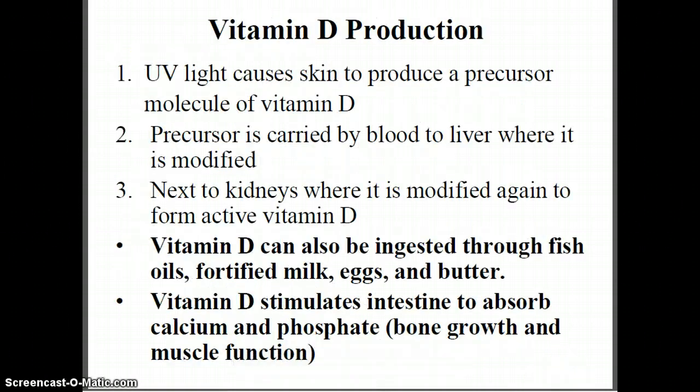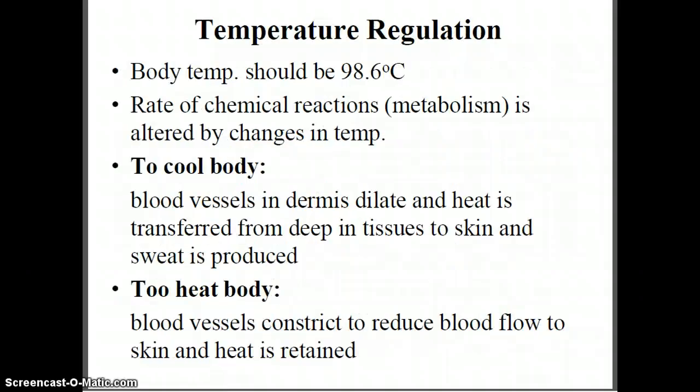Vitamin D production happens in our skin, and this tells you a little bit about it. So we need ultraviolet to activate the precursors to vitamin D. And vitamin D does have important functions for bone health. Our skin is also involved in temperature regulation, and you've all experienced that.